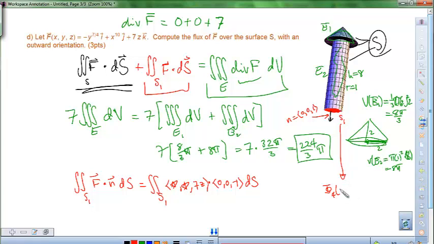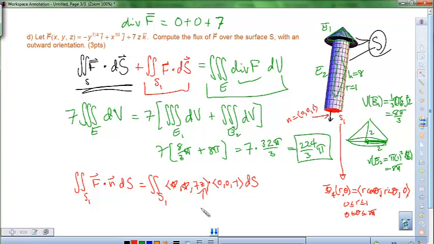And it's a disk, so let's use r and theta, and it'll be r cosine theta, r sine theta, and we are flat on the xy plane, so z is equal to 0 there. r is going to go from 0 to 1, and theta goes all the way around to 2 pi. So here we go, z is equal to 0.